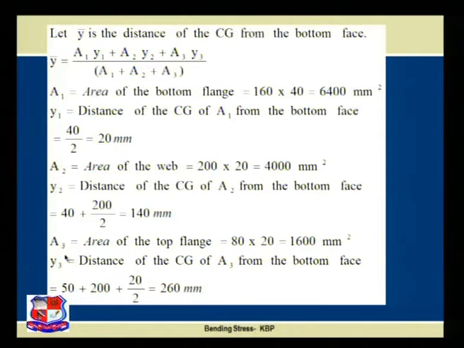Next, A3. A3 is the area of the top flange.